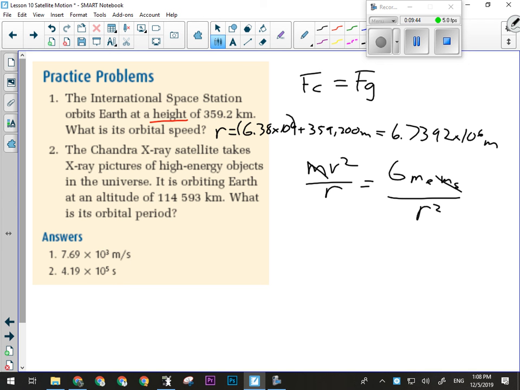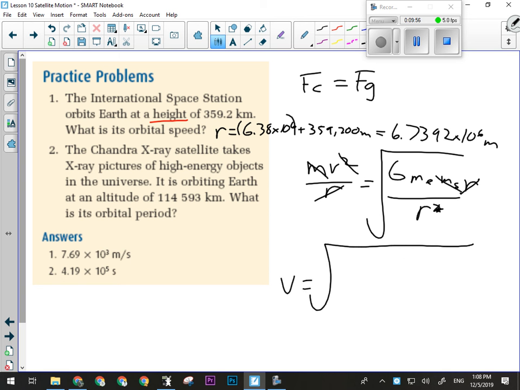I want to get v by itself, so I'm going to multiply both sides by r. When I do that, the squared on the bottom is going to cancel, and then I need to square root this in order to get v. So I'm going to have 6.67 times 10 to the minus 11 times the mass of the Earth.